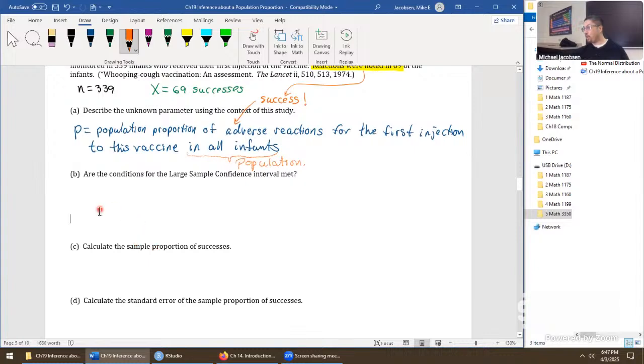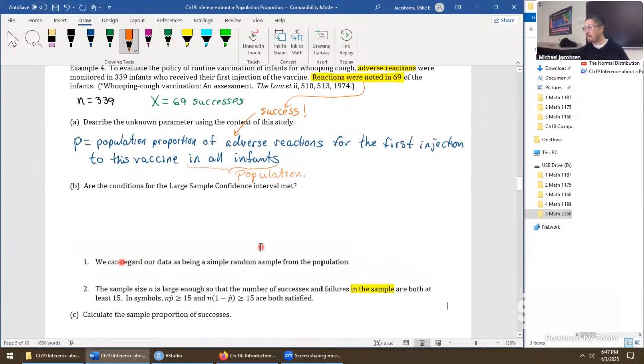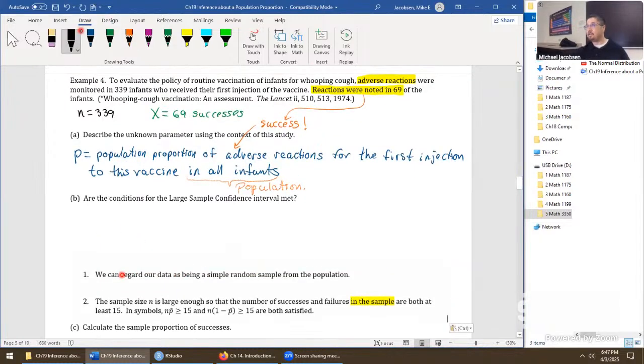It's actually quite nice after doing condition checking in the prior sections. First thing I would look into is, is our sample even large enough? These are the two things we want to check. n times p hat is only a formula you need to use if they gave you p hat in the problem, not the number of successes. If they gave you the number of successes, you just want to check if it's bigger than that number.